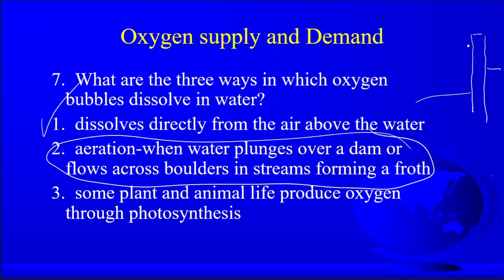So what happens in dams? Ever gone to Norris Dam and see it working? What do you see? Tons and tons of water going through the air and landing down here. What does that mean about the oxygen content down here near the dam?